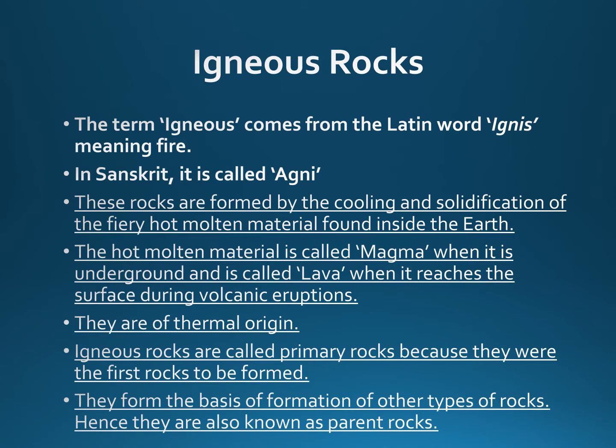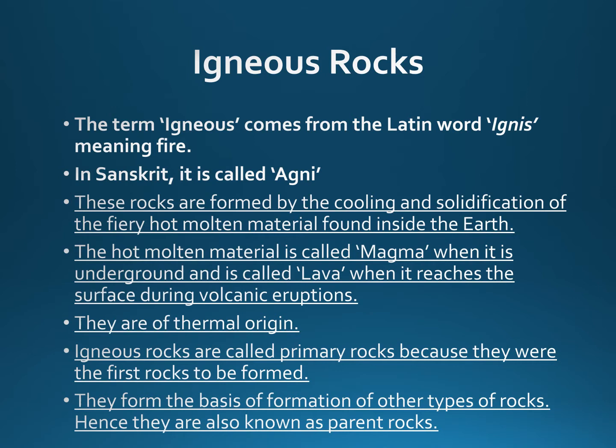The hot molten material is called magma when it is underground and is called lava when it reaches the surface during volcanic eruptions. The lava at the surface cools and solidifies to form these rocks.